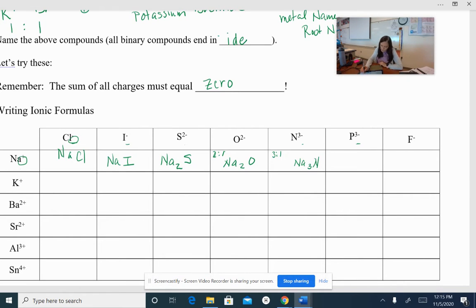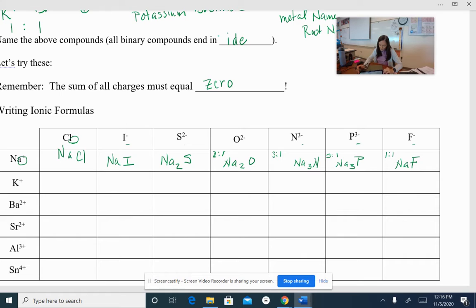So the least common multiple is 3, so I'm going to need 3 sodiums and 1 phosphide. Na3P, so sodium phosphide. Sodium and fluorine, +1, -1. So I'm going to need a 1-to-1 ratio. This is going to be sodium fluoride.